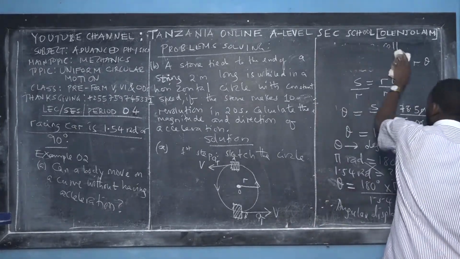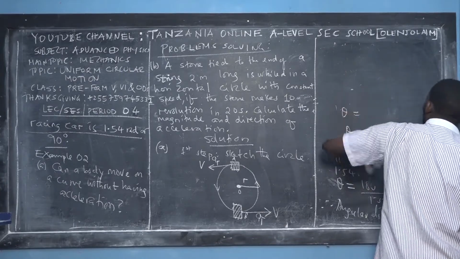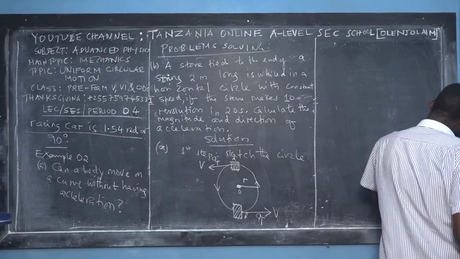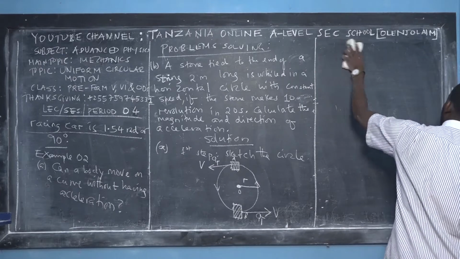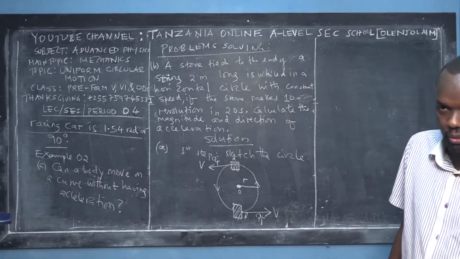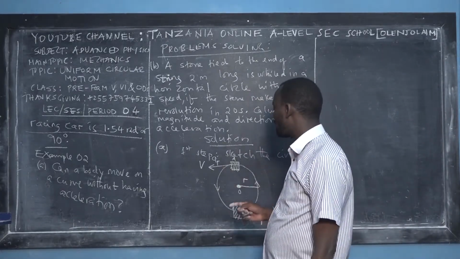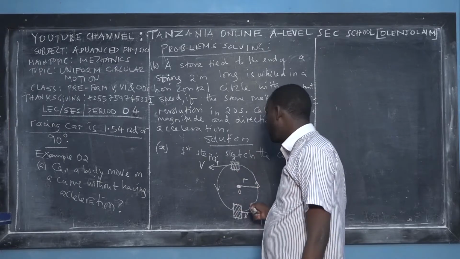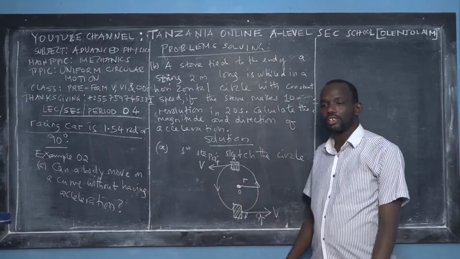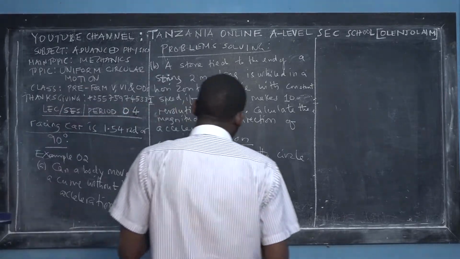The aim of acceleration for a body moving in uniform circular motion is to maintain the direction of the body so that the path stays circular. If there were no acceleration maintaining this circular motion, when the body reaches this point it would fly off in a straight line. So it's not possible.